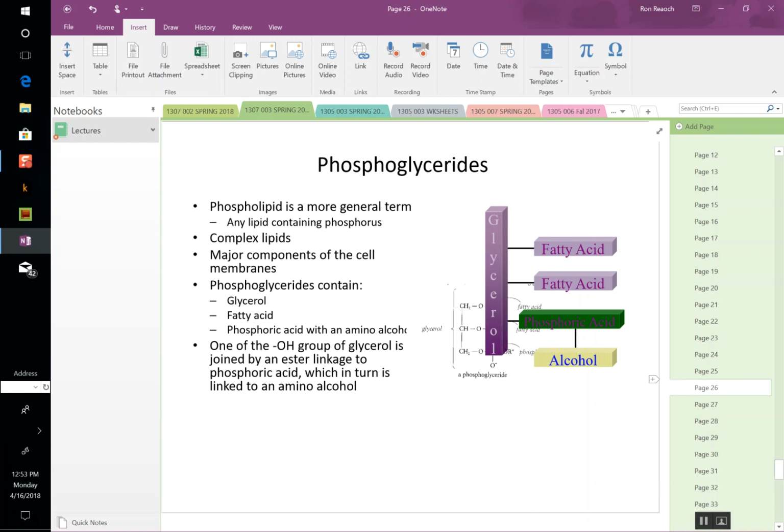All of that is common to the triglyceride: glycerol backbone, 2 fatty acids. Instead of the 3rd fatty acid, you have a phosphate and an X group here. So my expectation is that you would be able to identify or at least draw this much of a triglyceride.